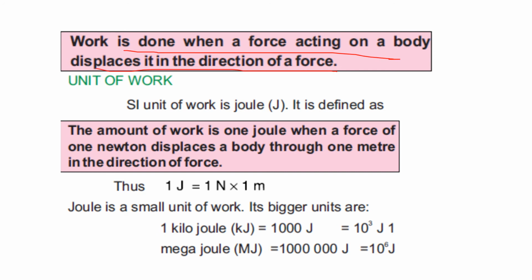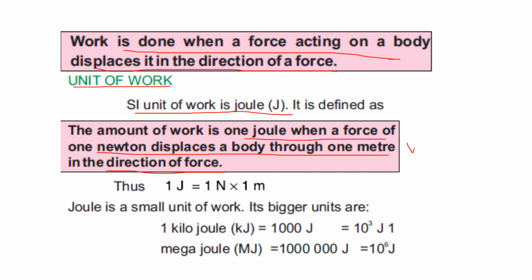So now we have to see what the unit of work is. The unit of work is measured in SI units. It is the joule. So what is a joule? The amount of work is 1 joule when a force of 1 Newton displaces a body through 1 meter in the direction of the force.